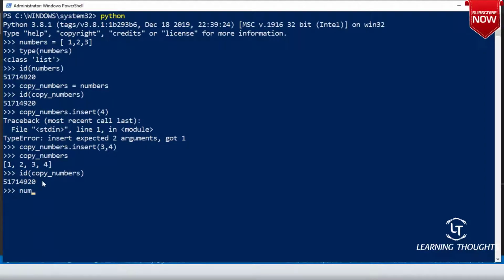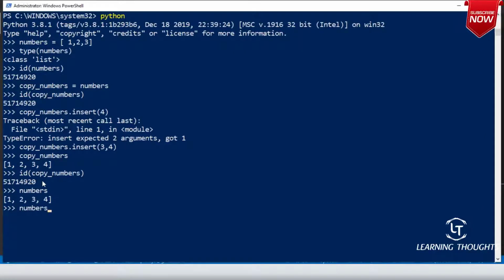Now let me print numbers. Is numbers also getting changed? Yes, sir. There is some different behavior, right? This is different. So what is this difference?